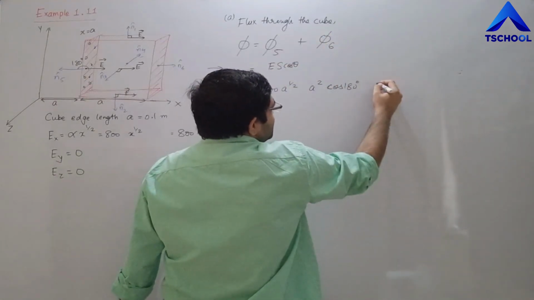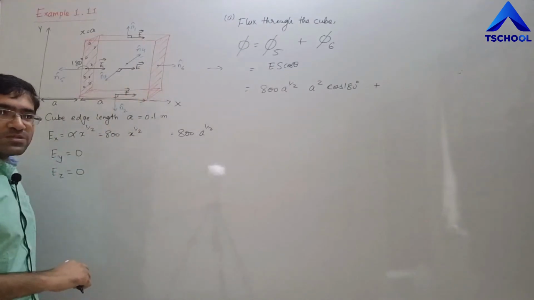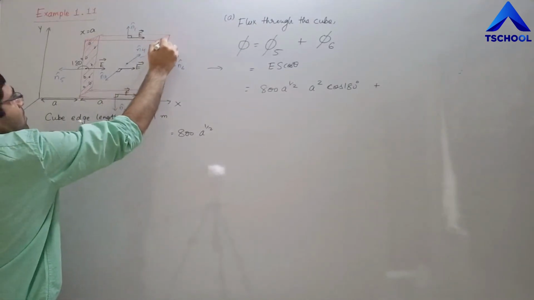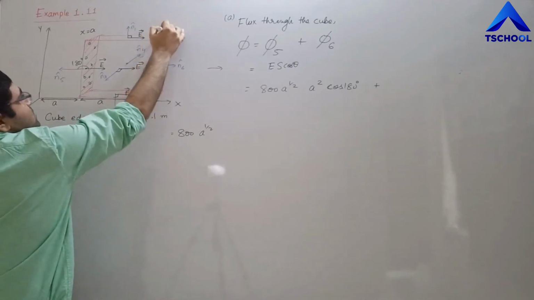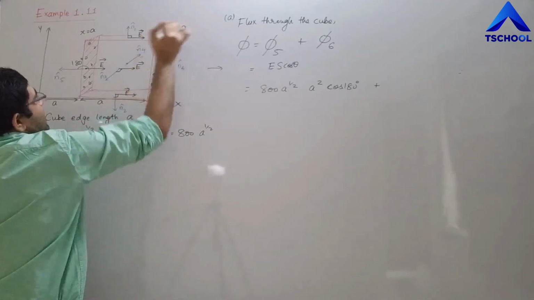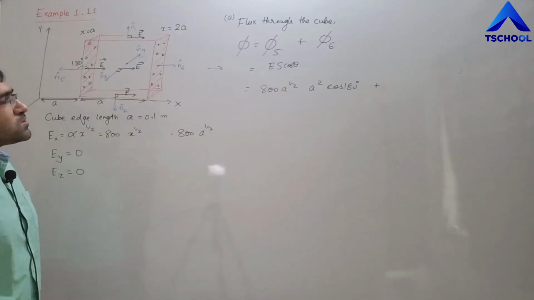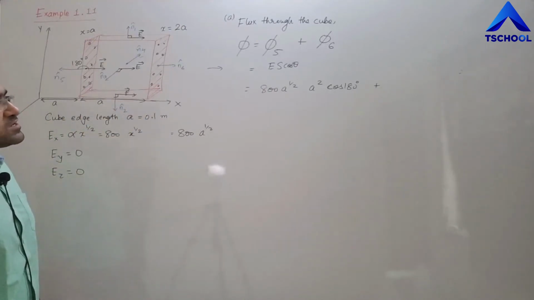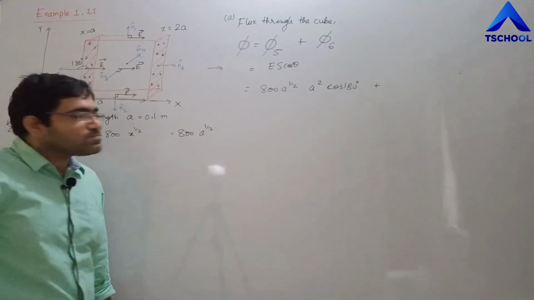Again, we are going to use same tactics because this is once again a flat surface. Not only that, for all points on this, the x coordinate is going to be 2a, right? A till here, a more, so 2a, correct? So now if I want to write down what is the flux through that surface, I can once again use Es cos theta.